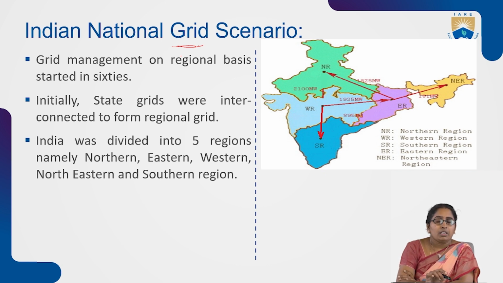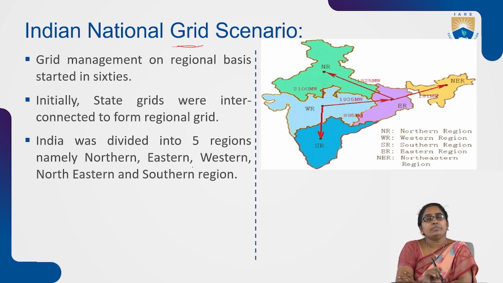The first point says it started on a regional basis in the 1960s. Initially state grids were there, and they were interconnected to form the regional grid. Look at the next point.